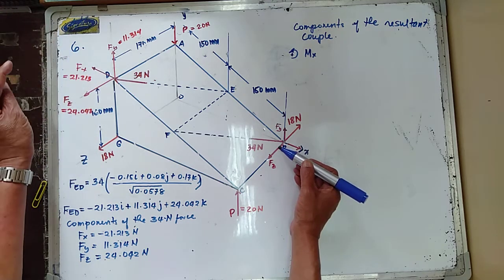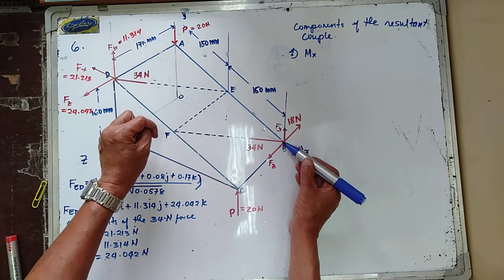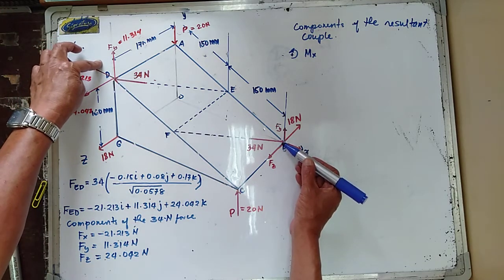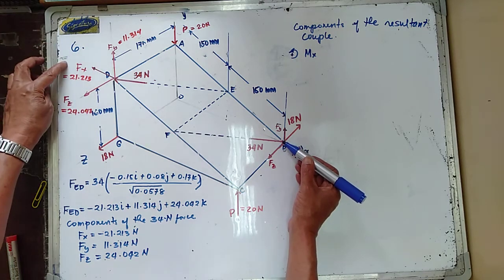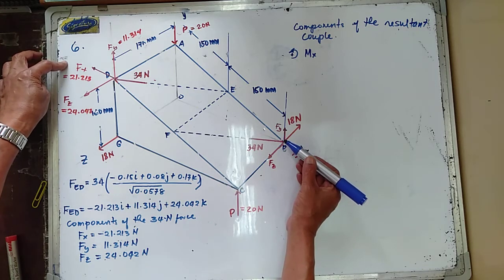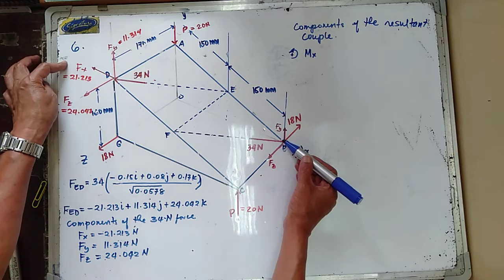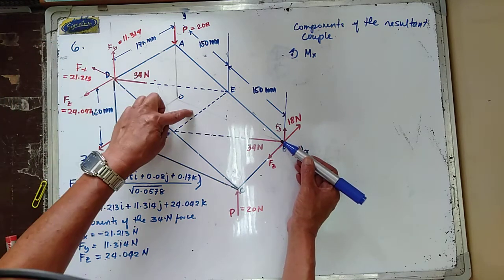So your F intersects the x-axis. At this point, we now have your Fx in here having a moment about the x-axis.